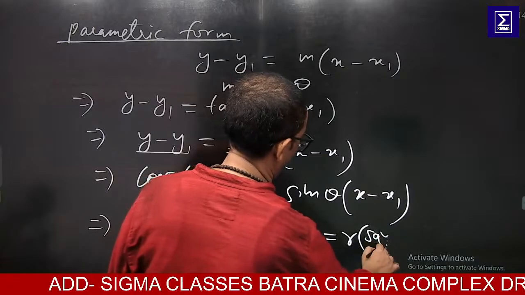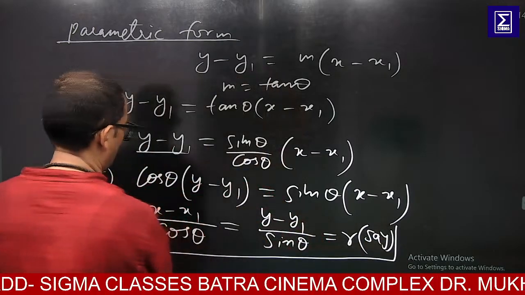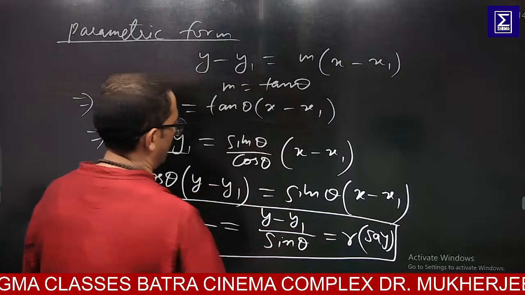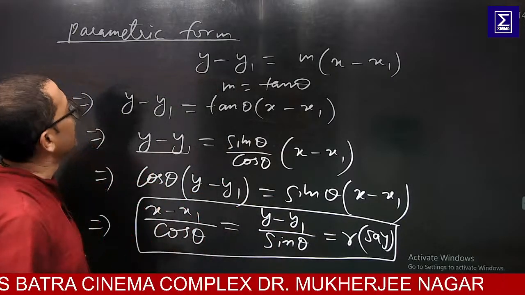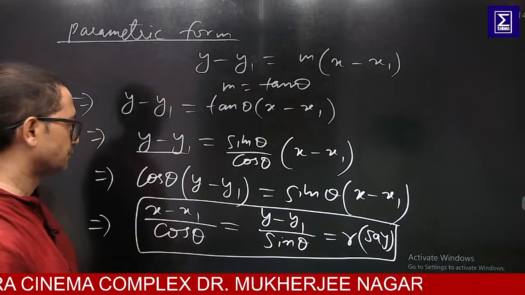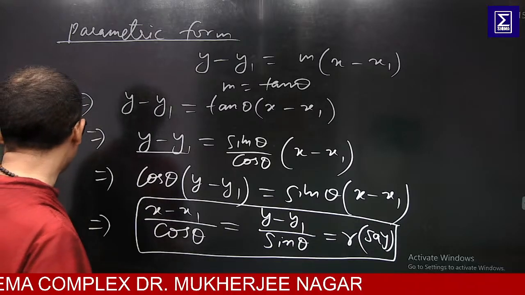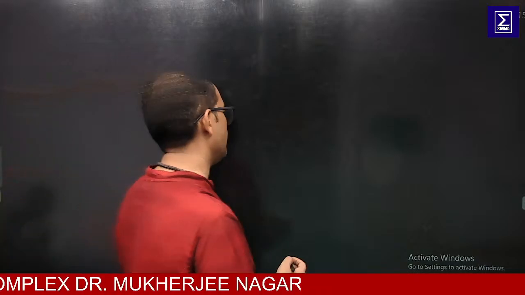So let this ratio be r. So this is the relation basically. This is known as parametric form. What is this parametric form? I will explain in detail.